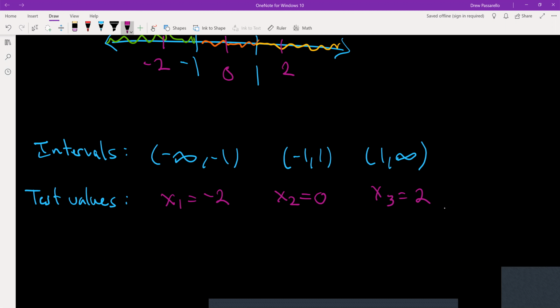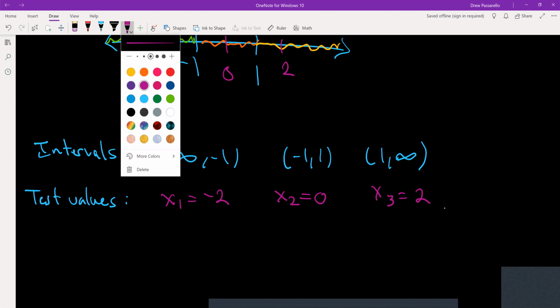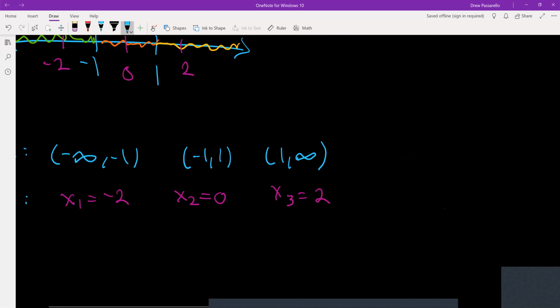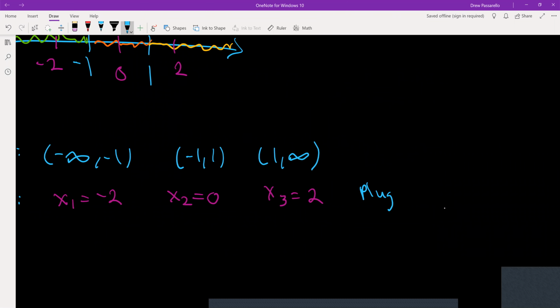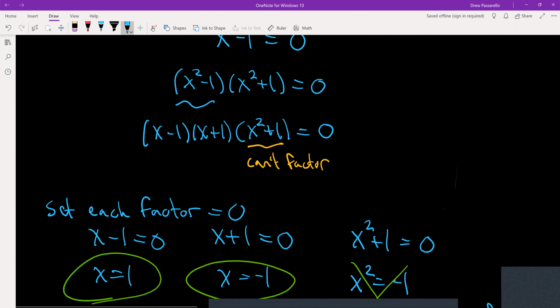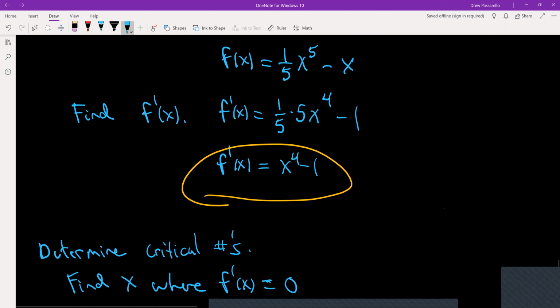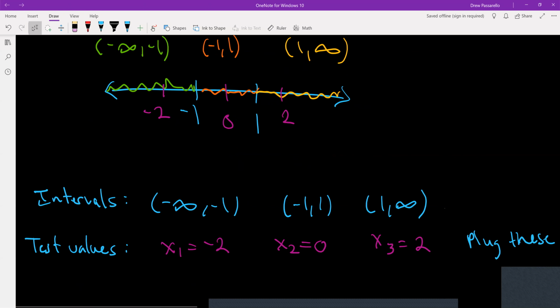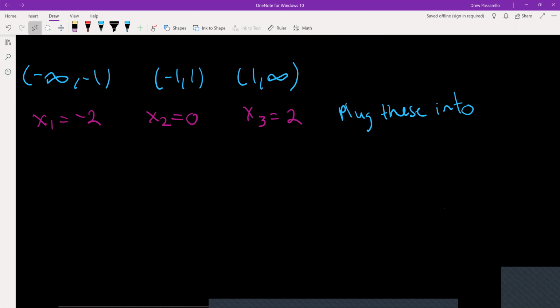All right, now I plug these into the derivative and determine the sign. And the derivative, so again, I circle the derivative just so I have it to reference, x to the 4th minus 1. So plug these into f prime of x equals x to the fourth minus 1.